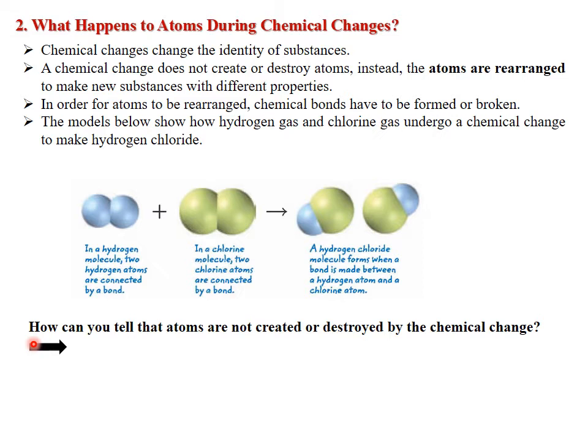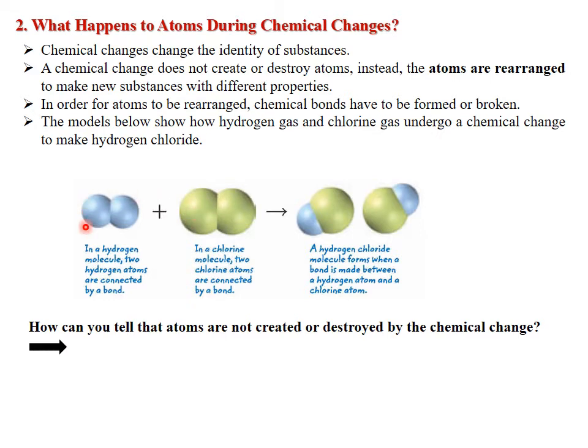The models below show how hydrogen gas and chlorine gas undergo a chemical change to make a hydrogen chloride molecule. In this picture, each blue sphere represents a hydrogen atom and each green sphere represents a chlorine atom.